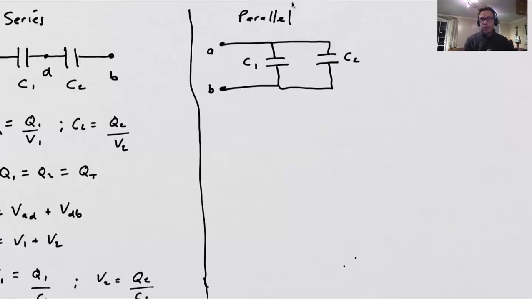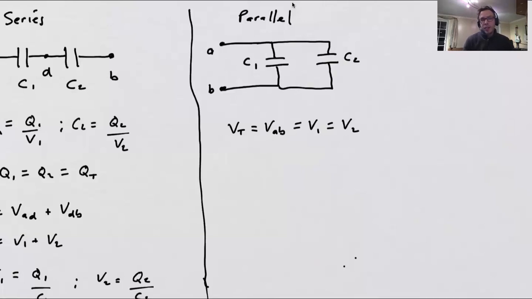Some of us go through C1, some of us go through C2, but either way, you only went through one thing. Therefore, we know that V total is the same as V over AB, which is the same as those who went through 1 and those who went through number 2. Namely, you only went through one object to get the total potential.